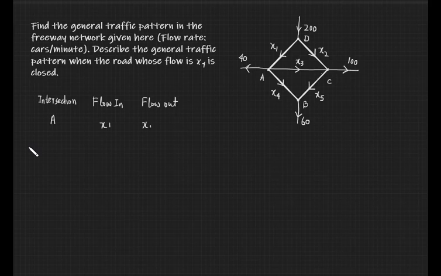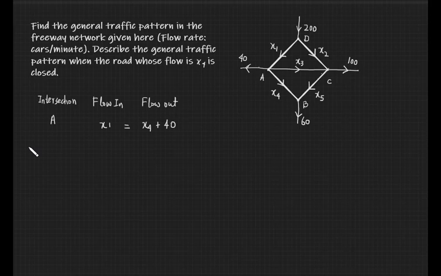So that would be x4 plus 40. The number of vehicles coming into this intersection should be equal to the number of vehicles going out of this intersection, hence x1 should be equal to x4 plus 40.